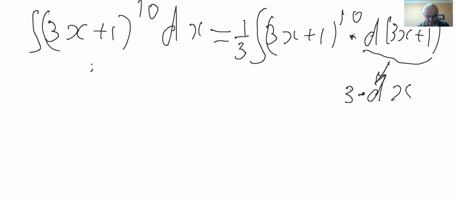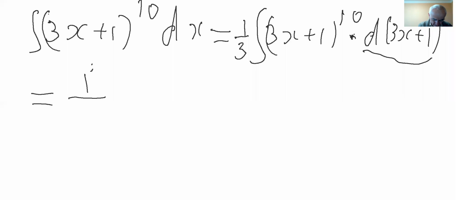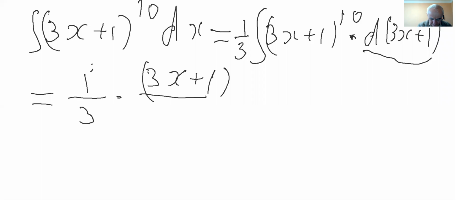Is it clear for everyone? Okay, now let's continue. It equals 1/3 times (3x plus 1) to power 11 divided by 11 plus c. And now we can multiply 3 and 11, and it will be our final answer.